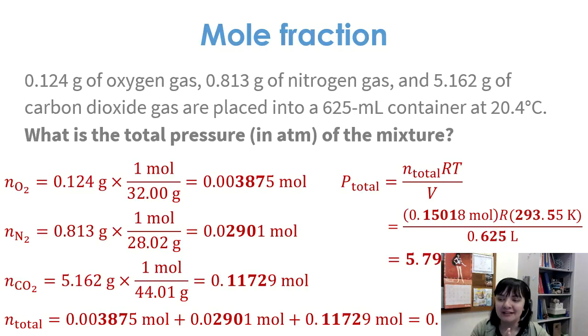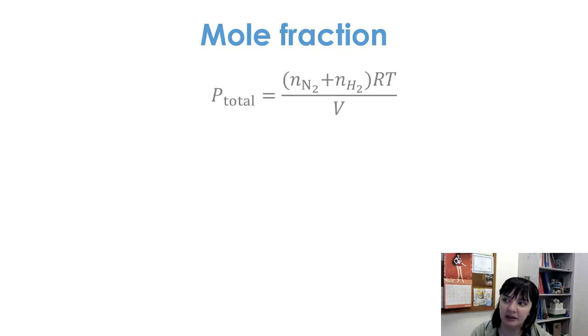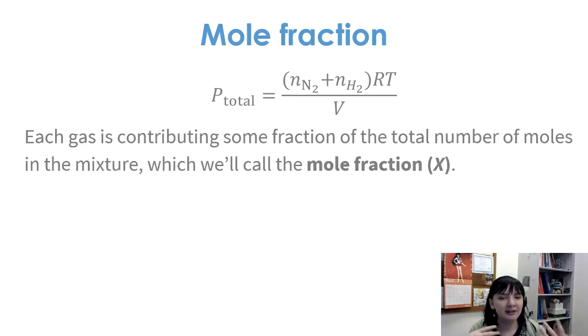But let's take this a little bit further and go back to our more generic example of just the nitrogen and hydrogen, written out symbolically here. If we think about the individual moles of each gas as being part of the total moles, that means each gas is contributing some fraction or some part of the total.